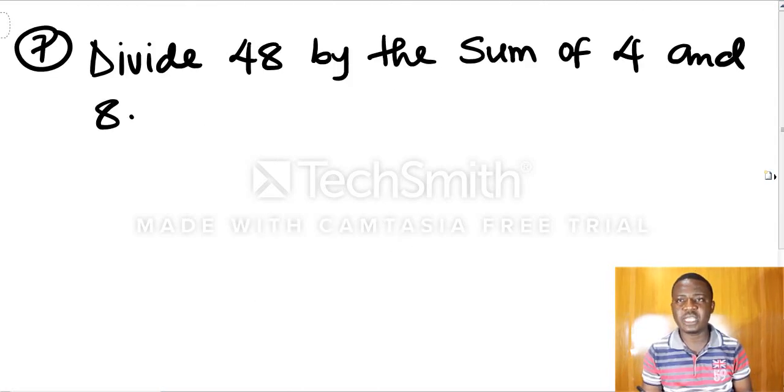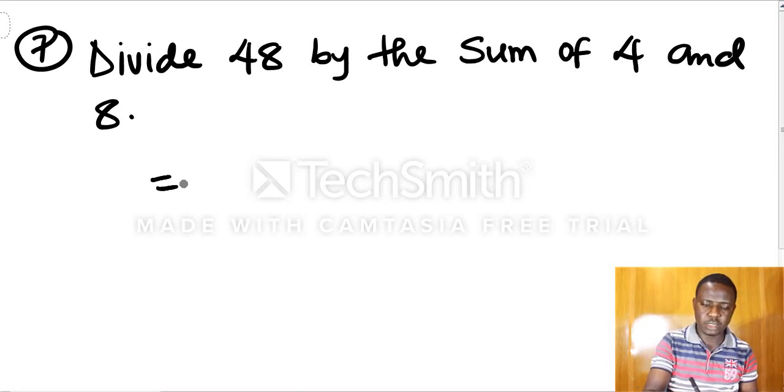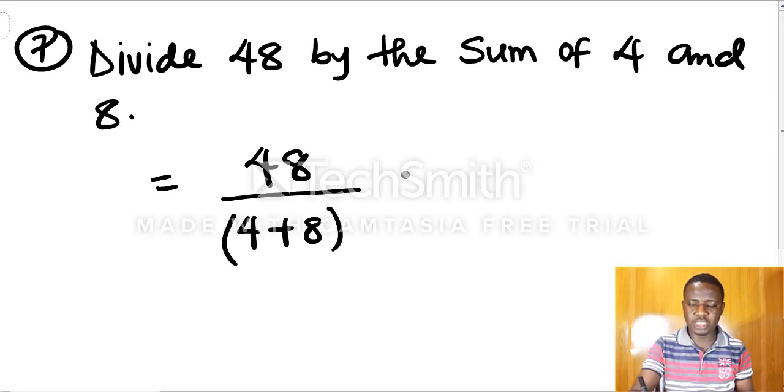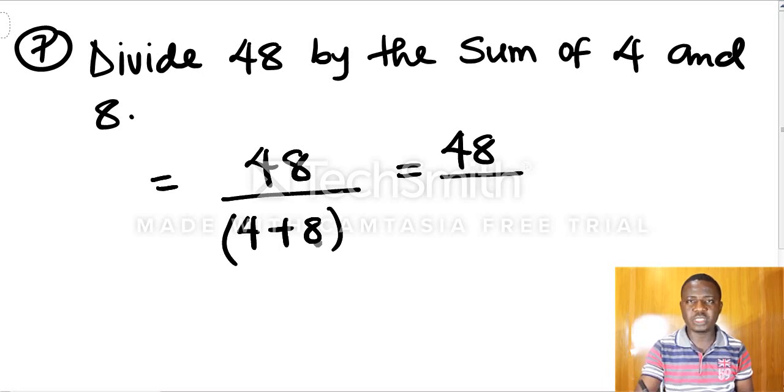Question number 7 says divide 48 by the sum of 4 and 8. This will be 48 divided by the sum of 4 and 8, that is 4 plus 8. Just like I told you, treat the denominator before you divide it by the numerator. This becomes 48 divided by 4 plus 8, which is 12.